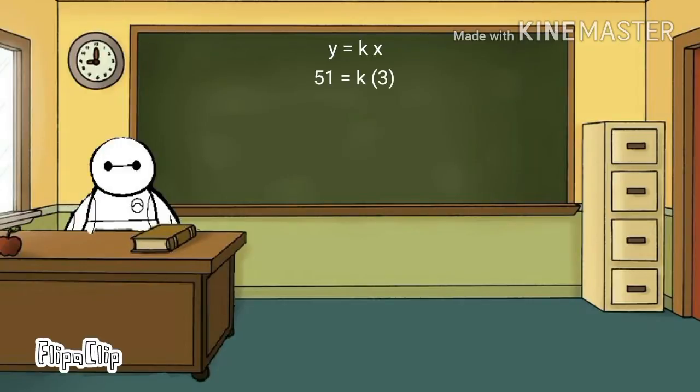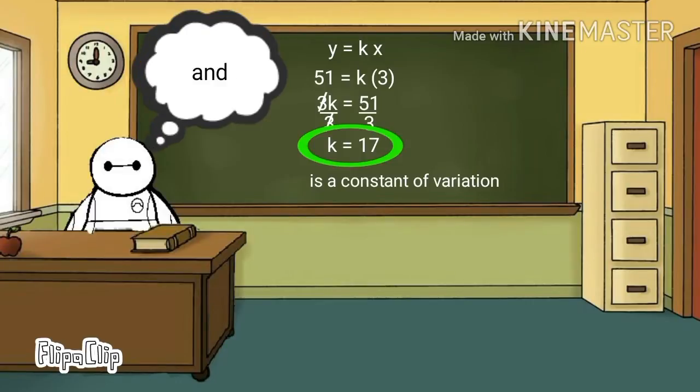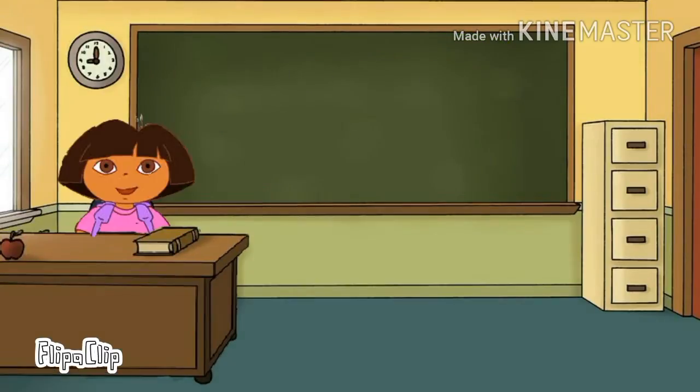We'll substitute the values in which y is equal to 51 and x equal to 3. Then we will interchange them, and we'll divide both sides by 3, and the result would be k equals 17. K equals 17 is the constant of variation, and y equals 17x is the equation of variation.